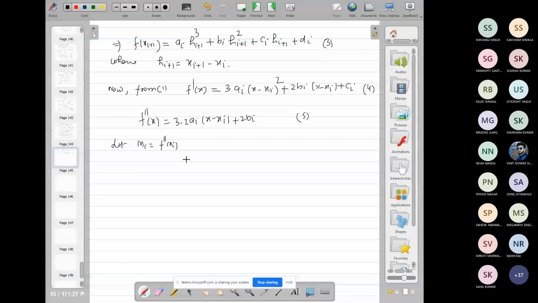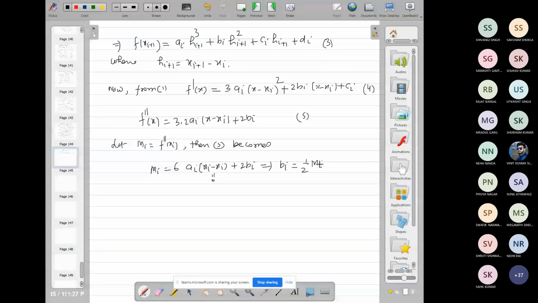Then 5 becomes, this is mi. mi is equal to 6ai into (xi minus xi), and 0. ai xi minus ai xi, this will be 0, and plus 2bi. This implies bi is equal to 1 by 2 mi.